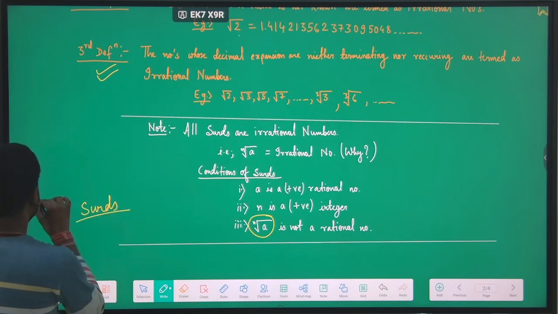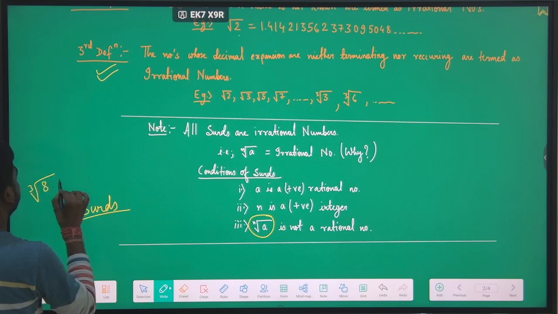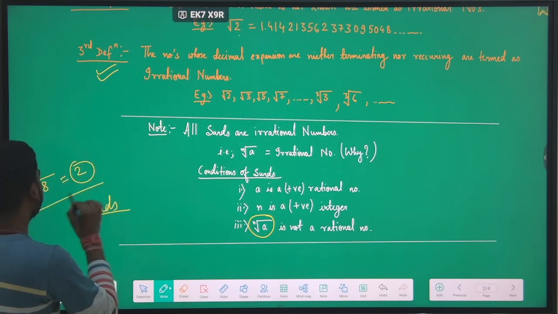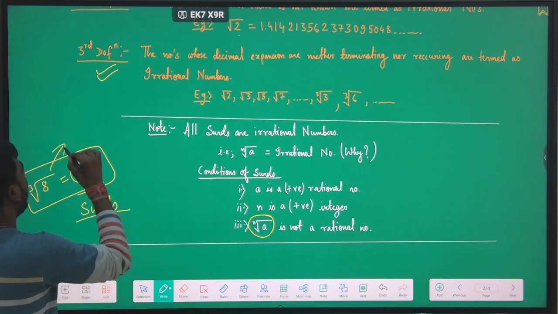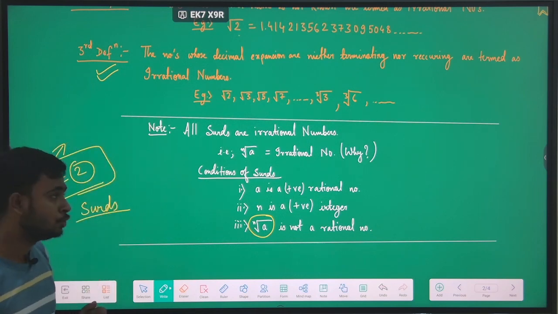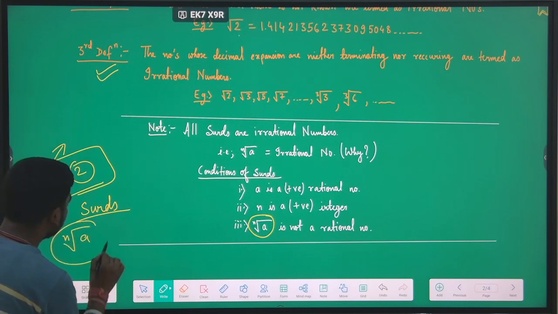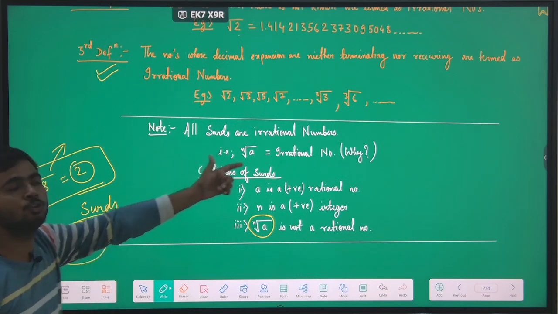Let us suppose that we write the cube root of 8, we are getting 2. So this is not a surd because we are getting a rational number. Those nth roots of a which are not rational numbers are said to be surds.